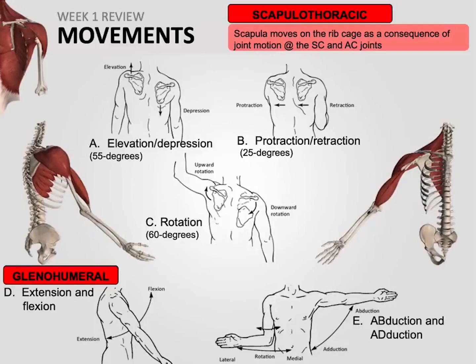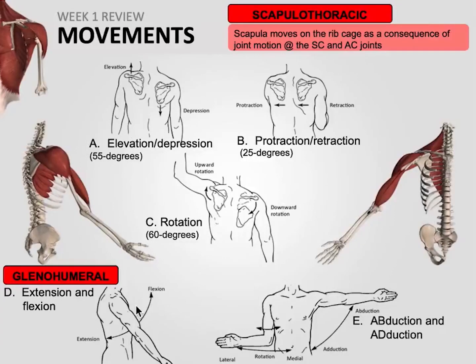A combination of all of these will result in the motion of circumduction, which is not really a useful movement to record in clinical practice. As I've mentioned, although the majority of the movement of the shoulder will occur at the glenohumeral joint, the scapulothoracic articulation will contribute to overall shoulder motion in all directions, including lateral rotation.